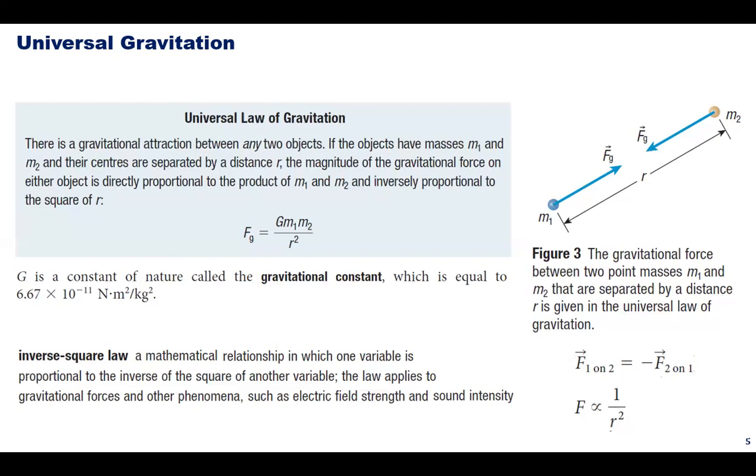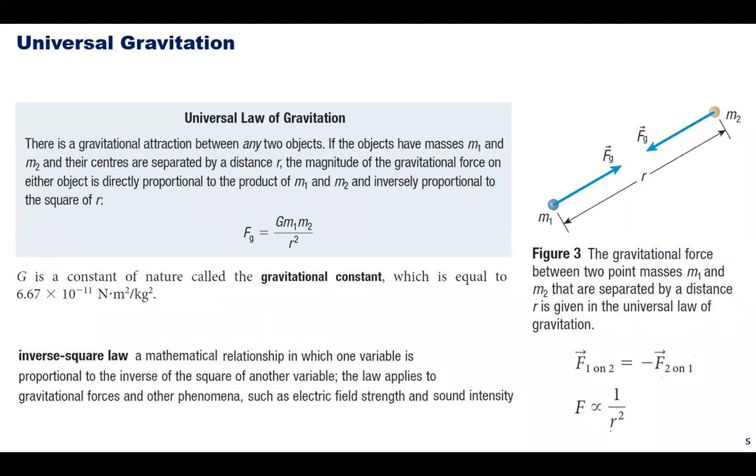So Newton's law of gravitation plays a key role in physics for two reasons. First, his work showed for the first time that the laws of physics apply to all objects. The same force that causes a leaf to fall from a tree also keeps the planets in orbit around the sun.